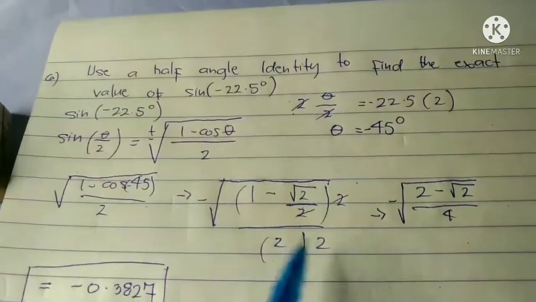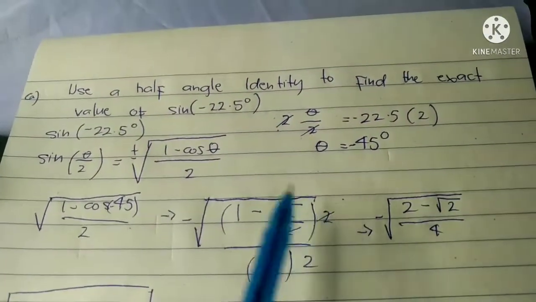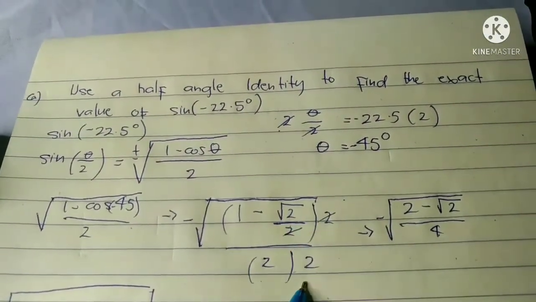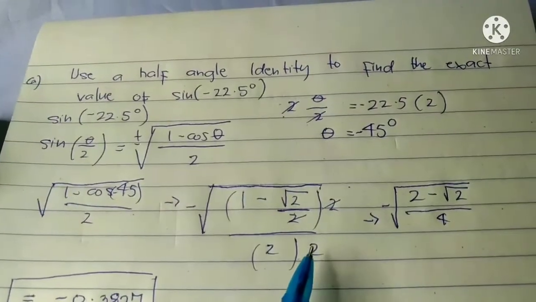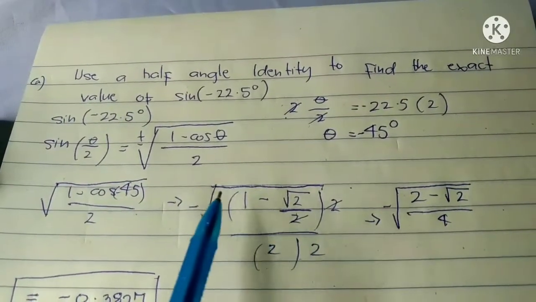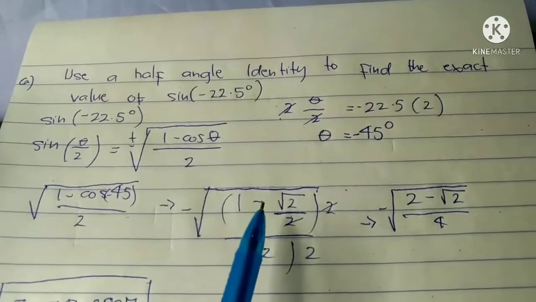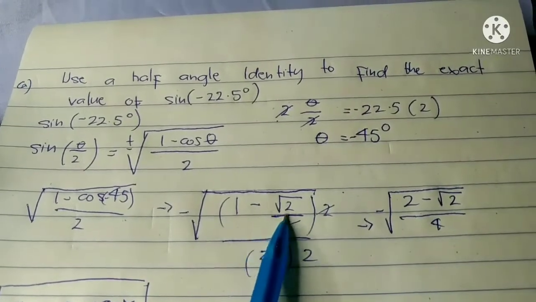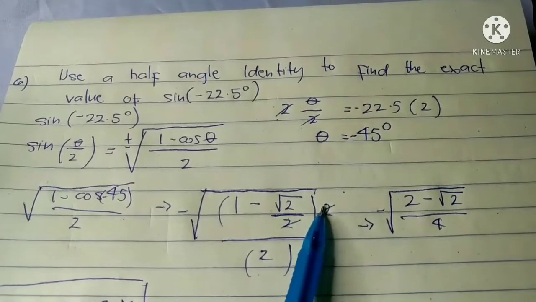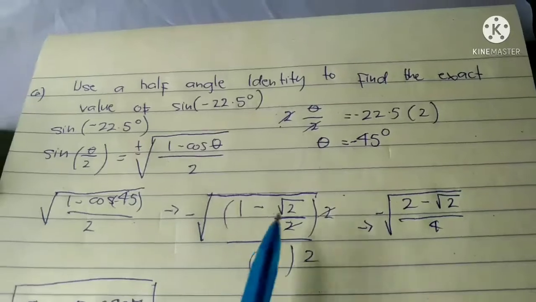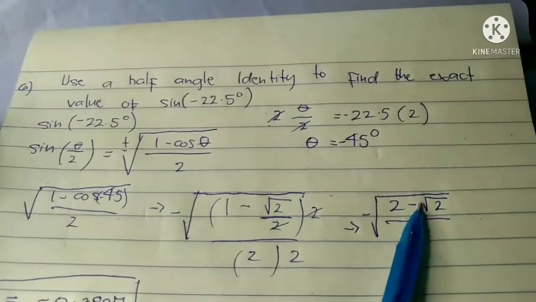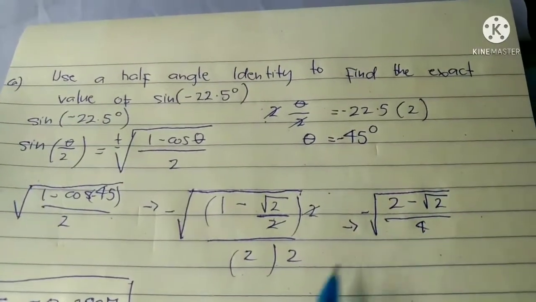Then what we can do here is multiply them by 2. So we have 1 times 2 is 2, and square root of 2 over 2, and we can cancel 2, and we will have square root of 2 over 2 times 2, which is 4.